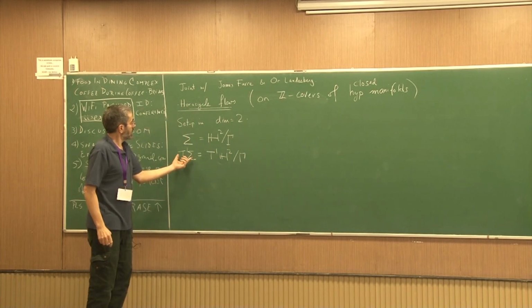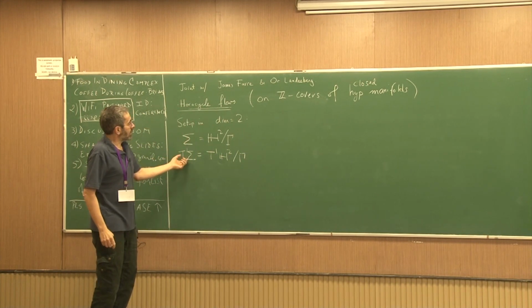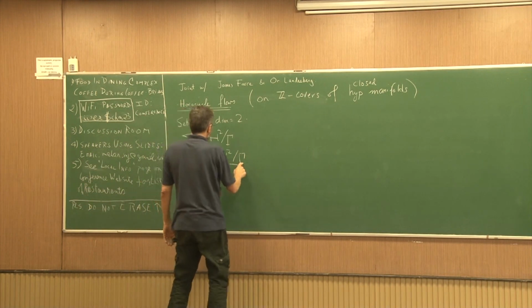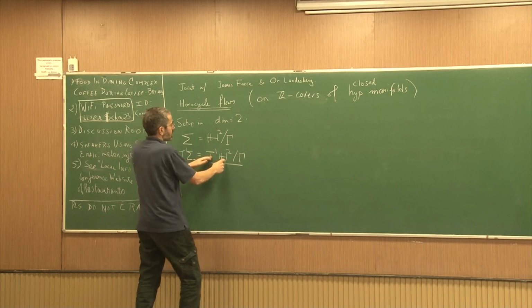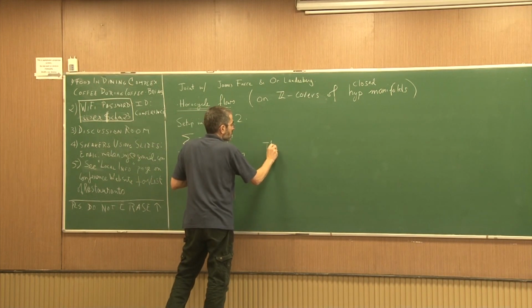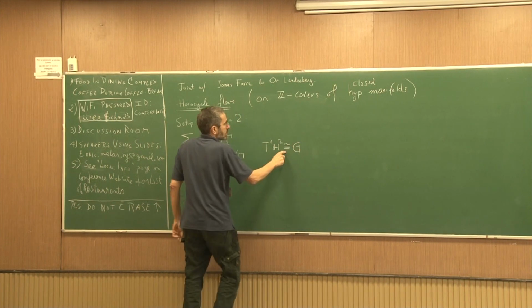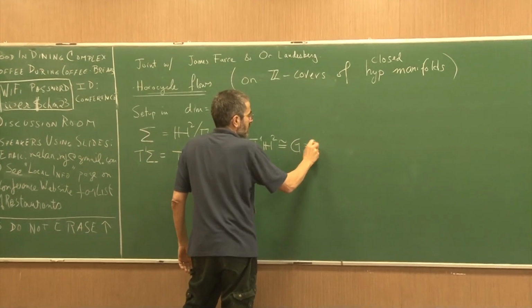This is a 3-dimensional manifold that fibers over sigma. And the group theoretic way to think about this is that T1 H2 can be identified with G, which is just the isometry group PSL2R.